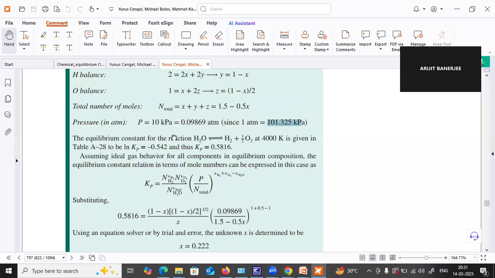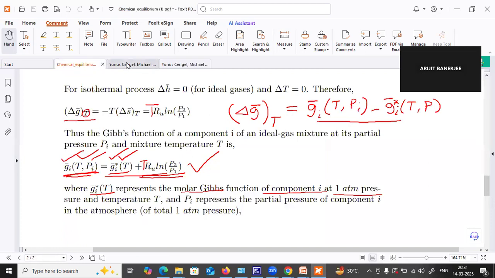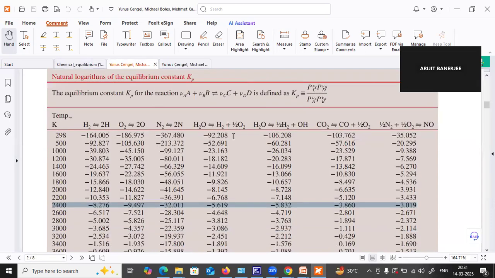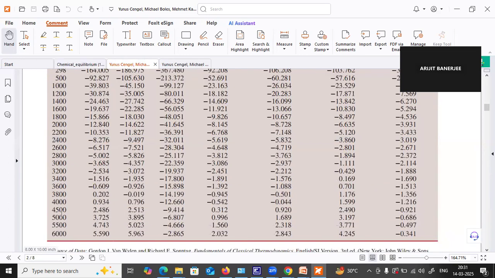Now what we will calculate is the equilibrium constant for this reaction, H2O at 4000 Kelvin. We will see from the table that we have just referred to. So for H2, this one. Now we will see at 4000 Kelvin.